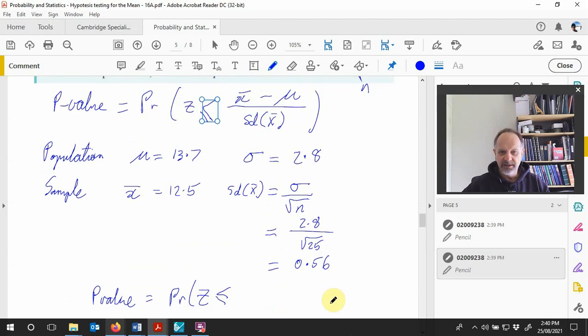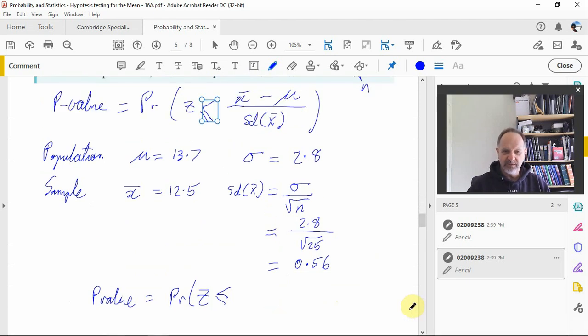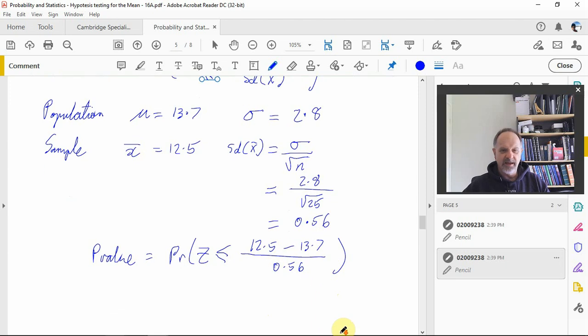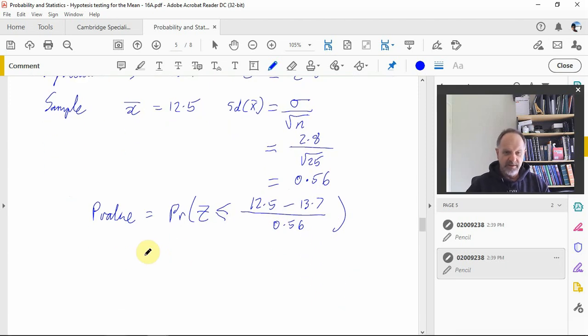So less than or equal to X bar, which is 12.5, minus the mean, which is 13.7, over 0.56. And so the p-value is the probability that Z is less than or equal to negative 2.143.